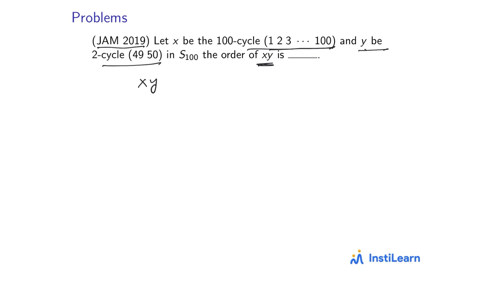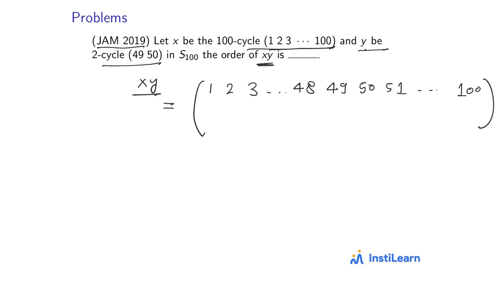Okay, so let's find what is the permutation XY. So we write 1, 2, 3, and you see (49 50) is there, so we need to write all the elements. So 48, 49, 50, 51, and then we go dot dot dot till 100. Okay, so I'm trying to write XY.